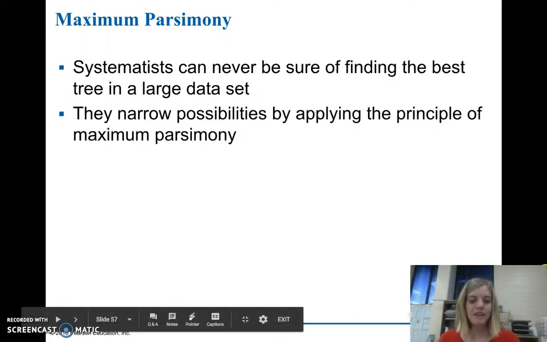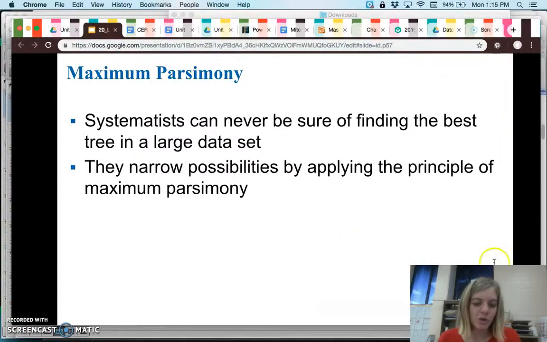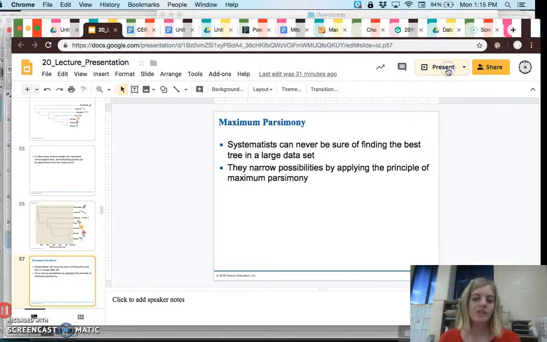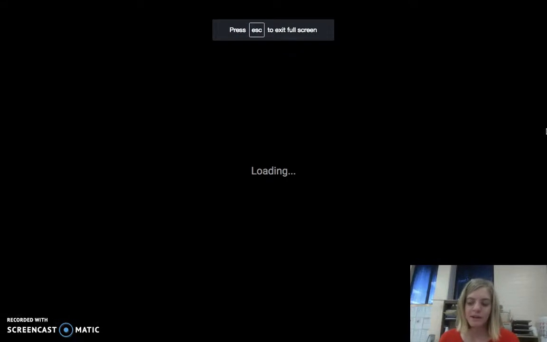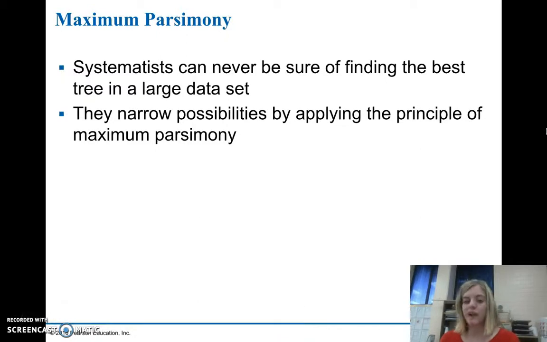The last thing about phylogenetic trees is that our goal in the end is to achieve what's known as maximum parsimony. So systematists can never be 100% sure that they have found the true phylogenetic tree, but they use the principle of parsimony to determine what is the best option.